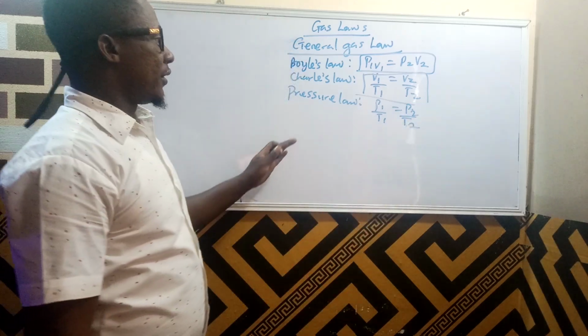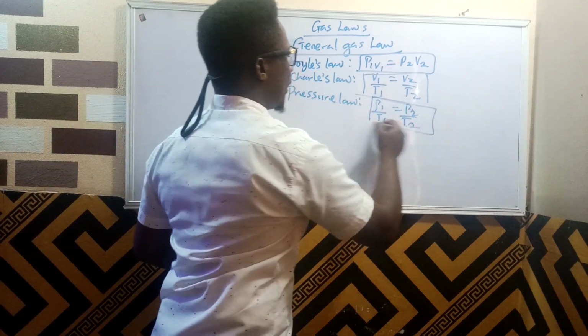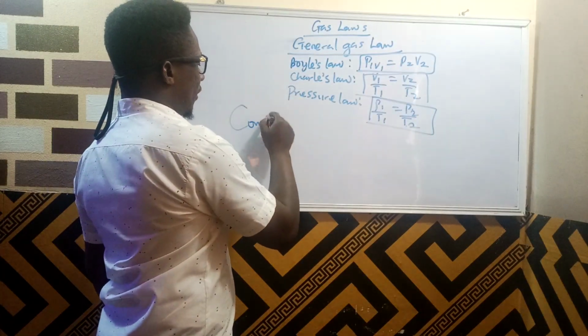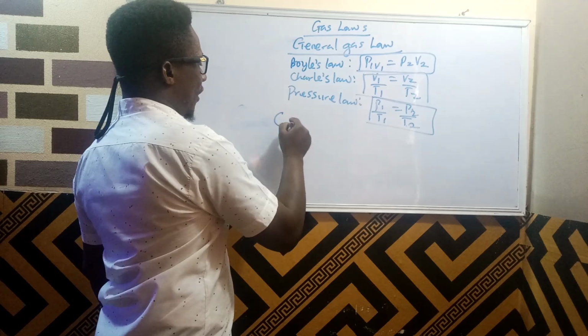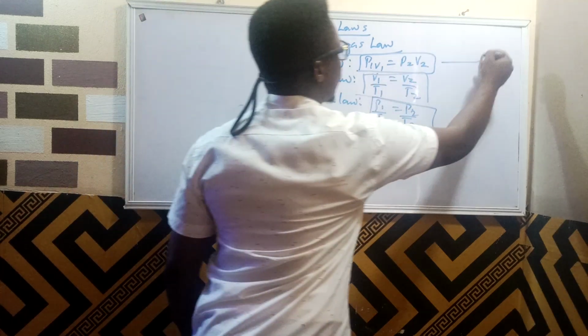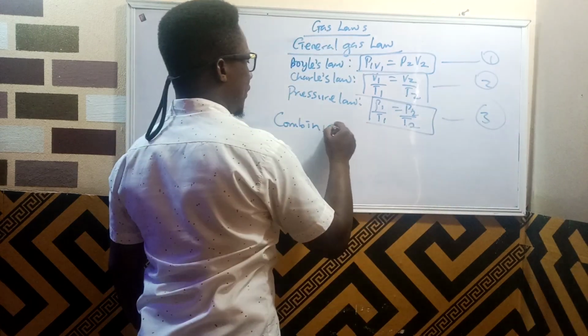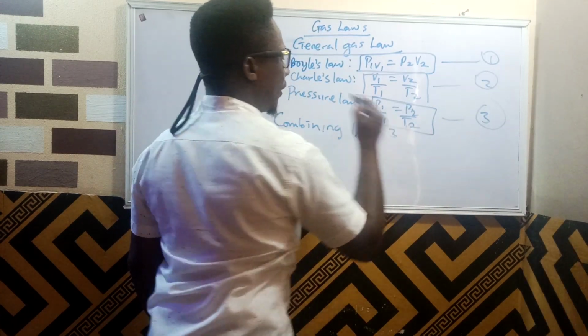This is how this equation comes about. Now if you combine the three together, let me put it here. Call this one 1, call this one 2, call this one 3, combining 1, 2, 3.